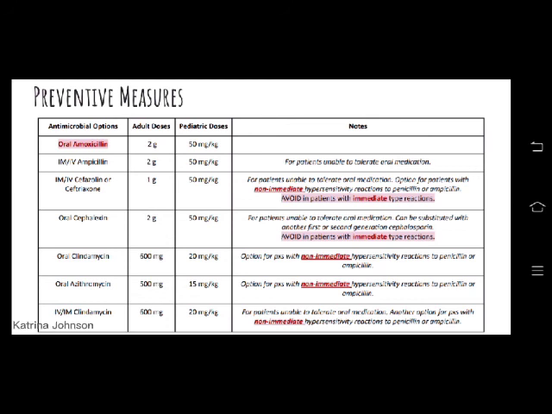Cefazolin, ceftriaxone, or cephalexin should be absolutely avoided in patients who are experiencing the immediate type reaction. Now, for patients who are unable to take oral medications, they recommend ampicillin, cefazolin, ceftriaxone, or clindamycin. Again, you can see the corresponding doses and routes on the table.